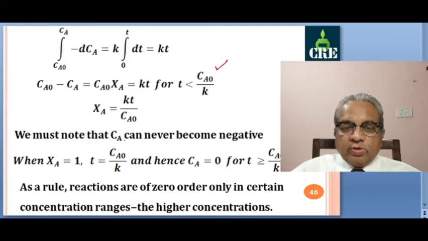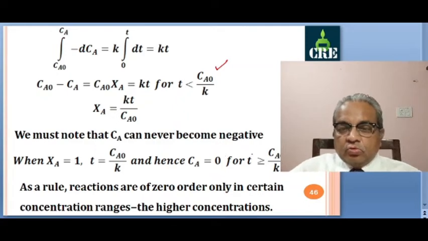We also must note that Ca can never become negative. So Ca will fall to 0, and beyond that we need not carry out the integration. When Xa is equal to 1, t is equal to Ca0 by k, and at that value Ca will be equal to 0.